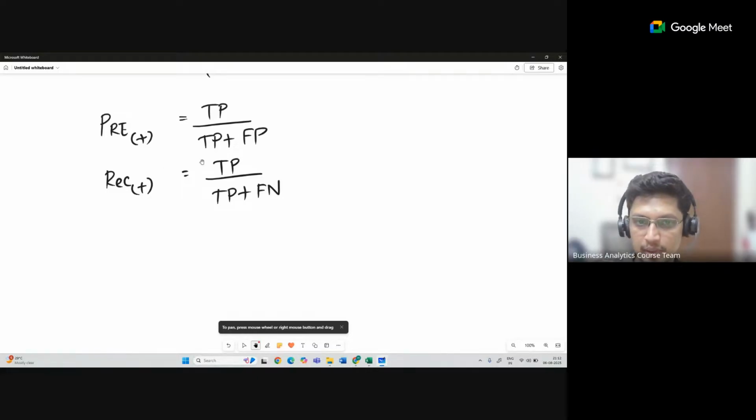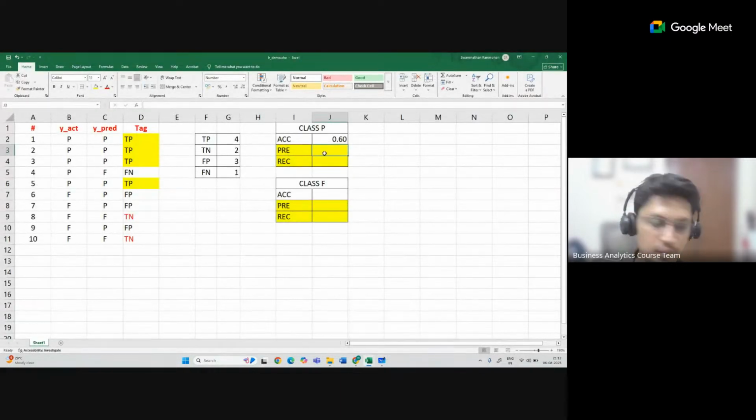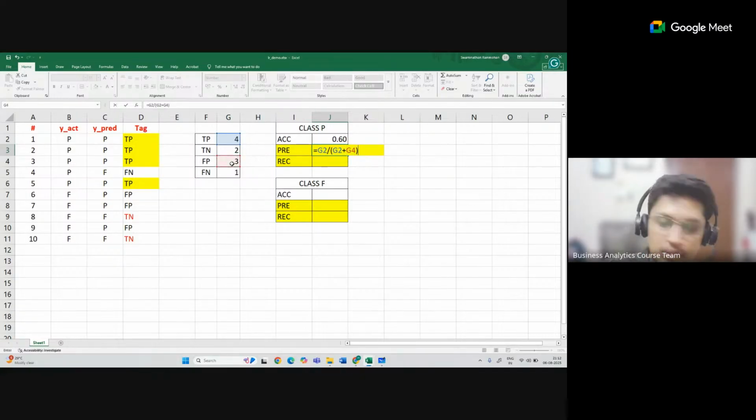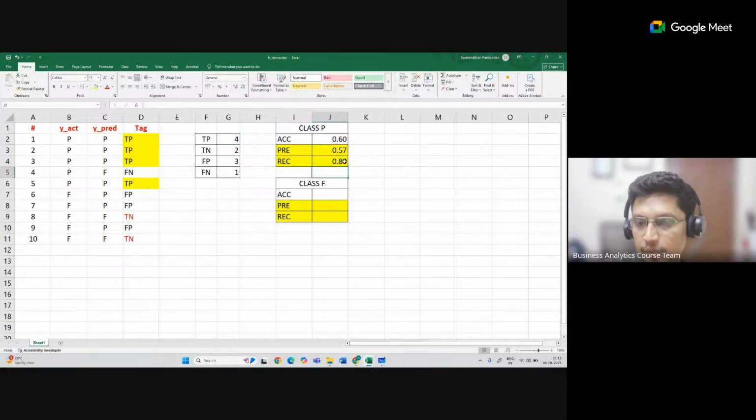So remember this: in the positive class, if you take P for precision, you will have P in the denominator's false positive. That's how you can remember it easily. So precision is true positive divided by true positive plus false positive. Next, recall is true positive by true positive plus false negative. This is for the positive class.